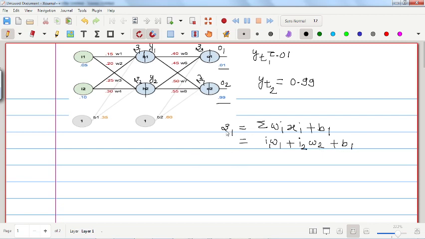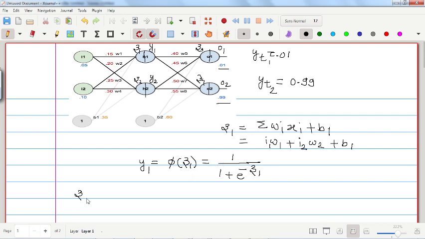Immediately we find the output Y1 by applying the activation function. The most common activation function is the sigmoidal, so let me apply this. Y1 equals 1 by 1 plus e to the power minus Z1. That gives you the value of output Y1.